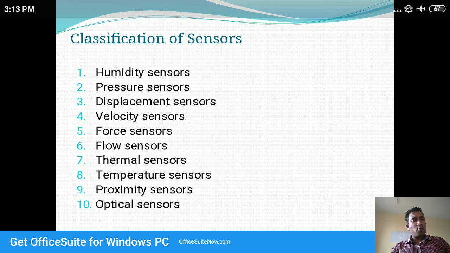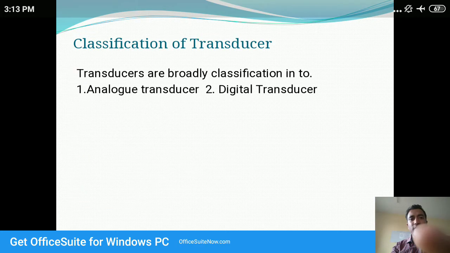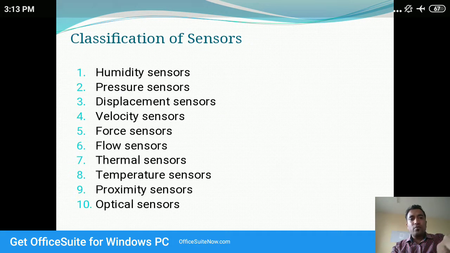The example of a proximity sensor is very relevant to you, because everyone has a smartphone. If you are calling someone and you bring the mobile near your ear, what will happen? The screen will turn off. Why?